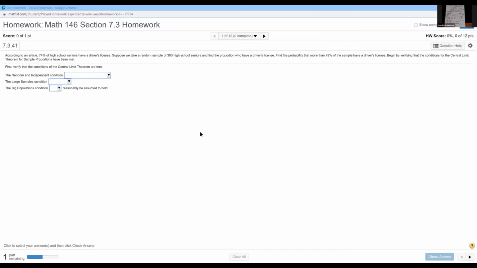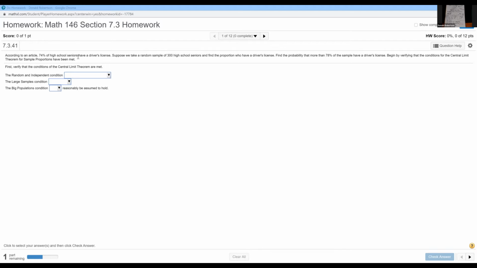7.3 starts off with a couple of questions that basically just give you a story, and ask you if the conditions for the central limit theorem work. Now, to remind you, the conditions are, the first one is it random and independent? The second one, is there a large sample size? And the third one, is the population reasonably big?